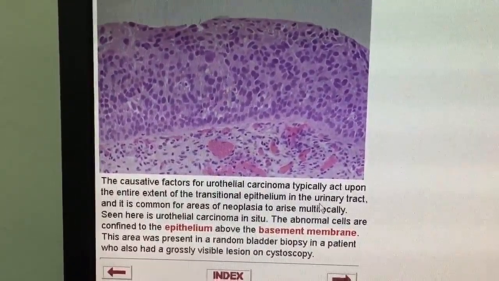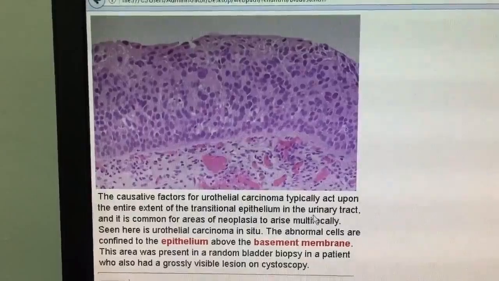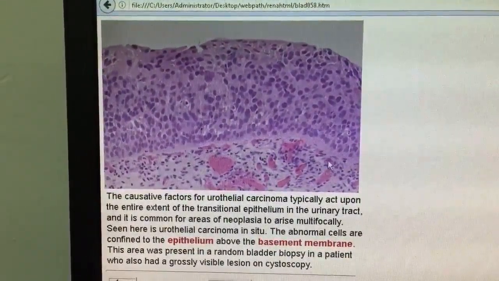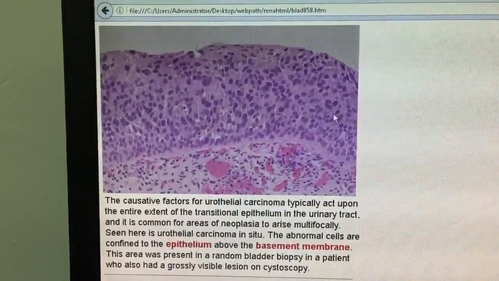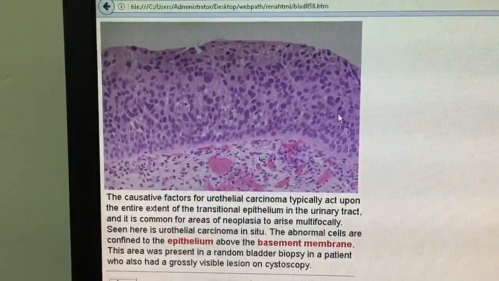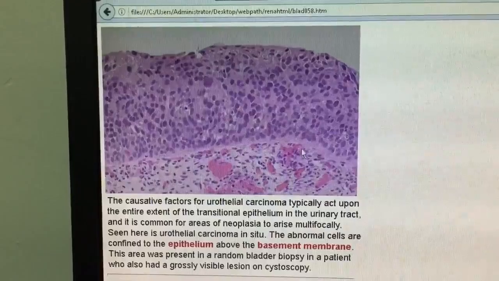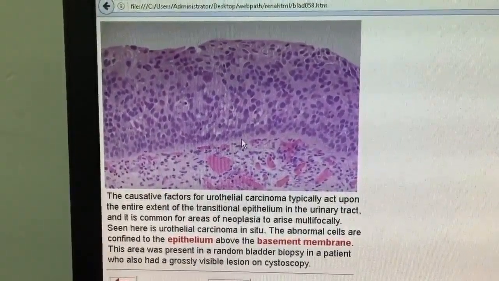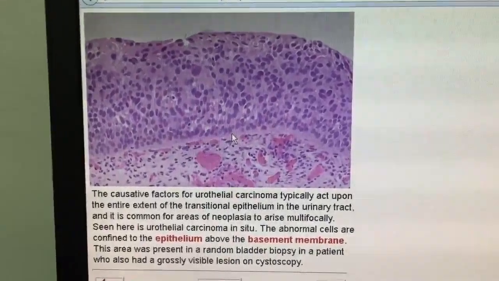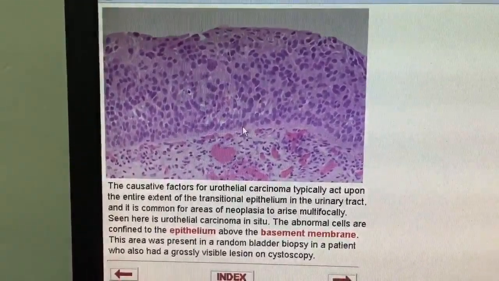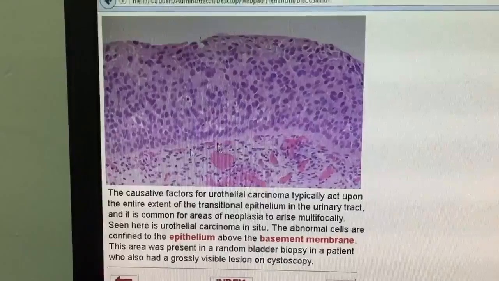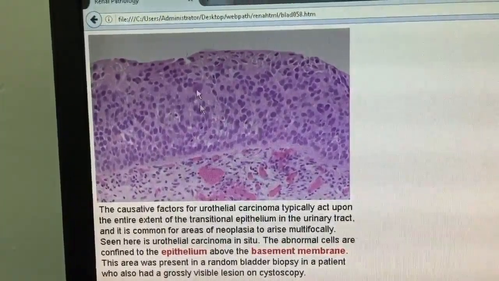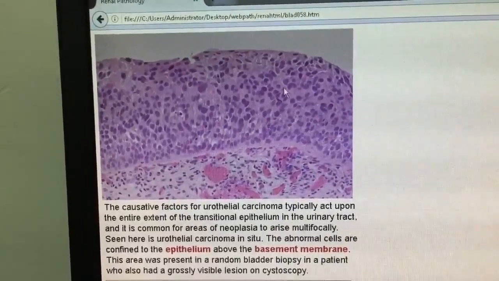As with any other type of carcinoma, urothelial carcinoma can be in situ. As you know, carcinoma in situ is a type of malignant tumor which is confined to the basement membrane. As you see here, the anaplastic features involve the entire thickness of the urothelium with these large hyperchromatic and pleomorphic nuclei.